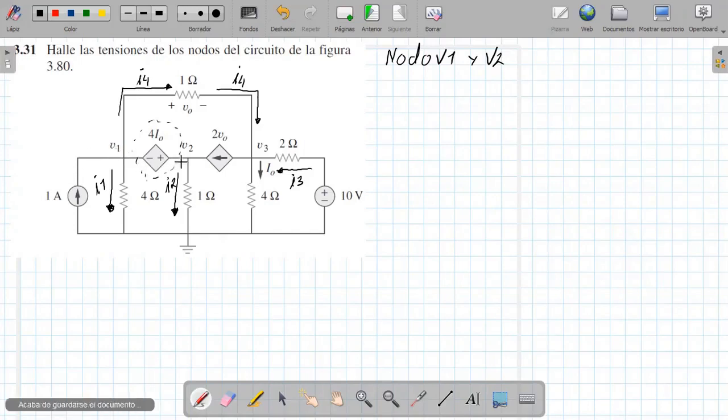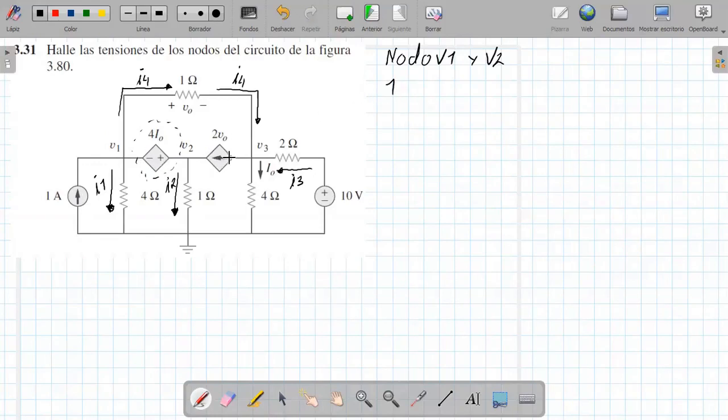If this is all a single point, we have to look at what goes in and out of that point. Let's put what comes in here. Here we see that the current of 1 ampere enters. All of this is the same point, the concept of nodes. Then the current of 1 ampere enters that point.